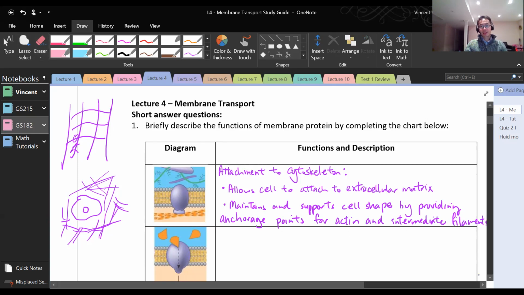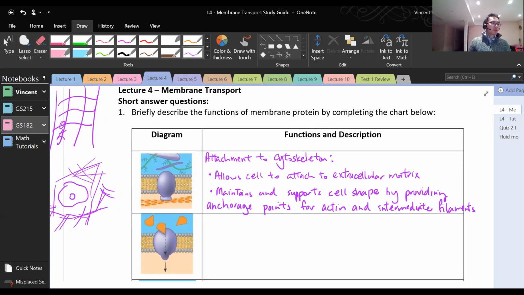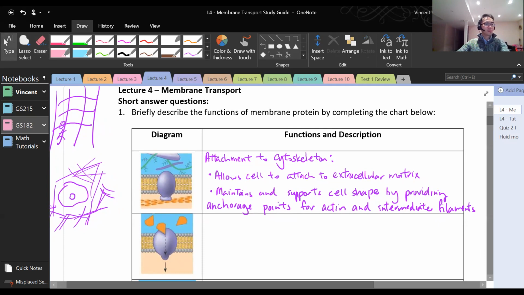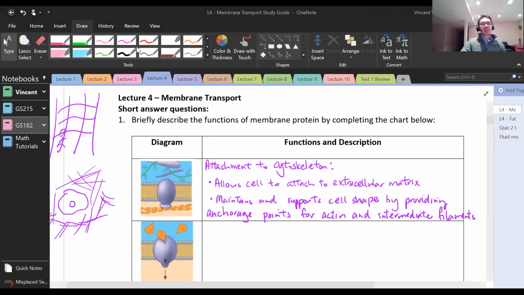So that's the first function of proteins. The next one is cell signaling.